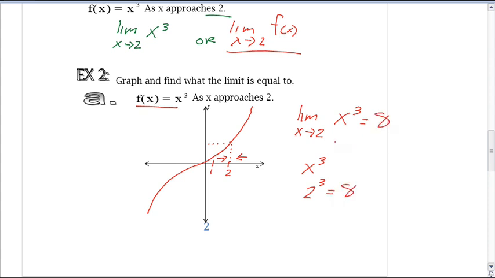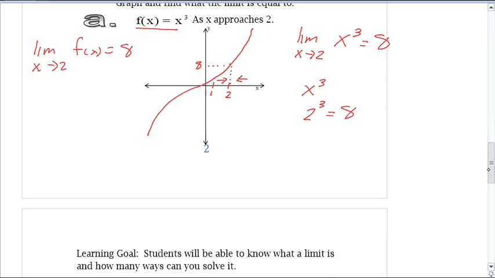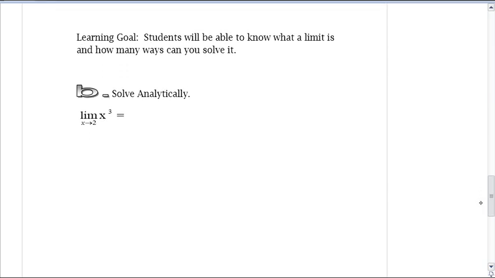So even though my sketch doesn't look like it, this value would be 8. So the limit as x approaches 2 of x cubed is equal to 8. Remember that in this case, because they gave us f of x, you could also write it like this: the limit as x approaches 2 of f of x is equal to 8. We'll take a look at more approaches in the next few videos in terms of graphical. So don't stress out if you didn't get it completely. Just a little intro.